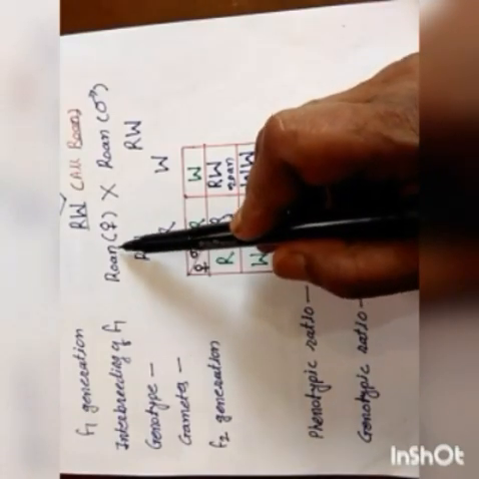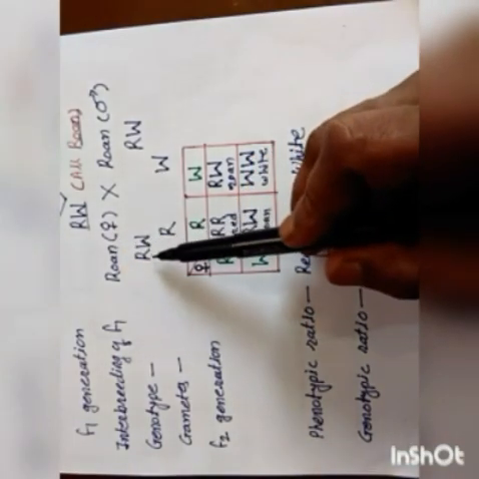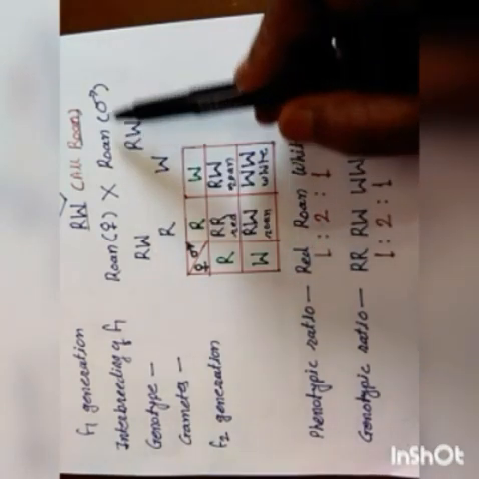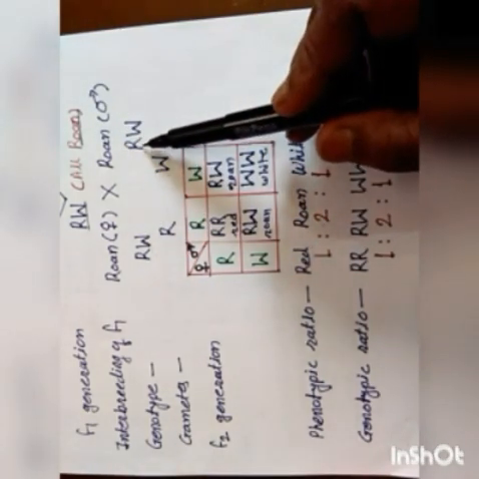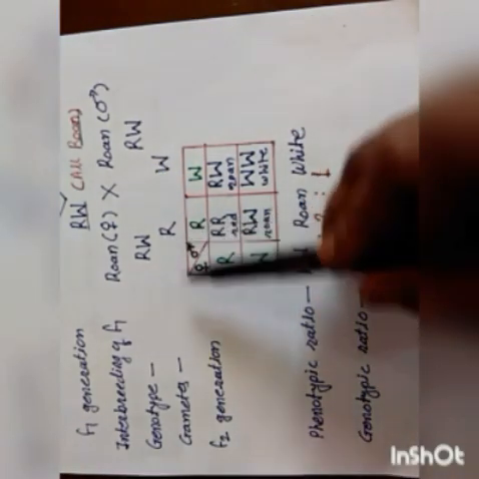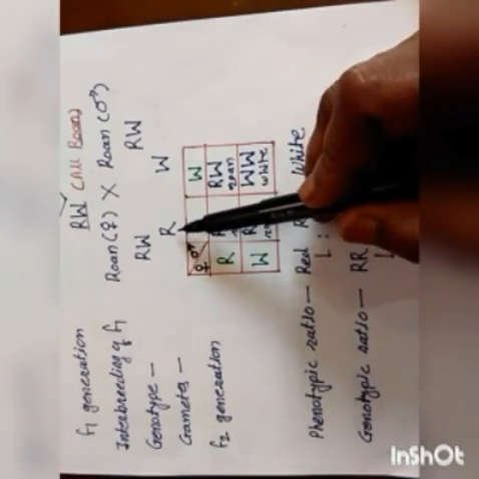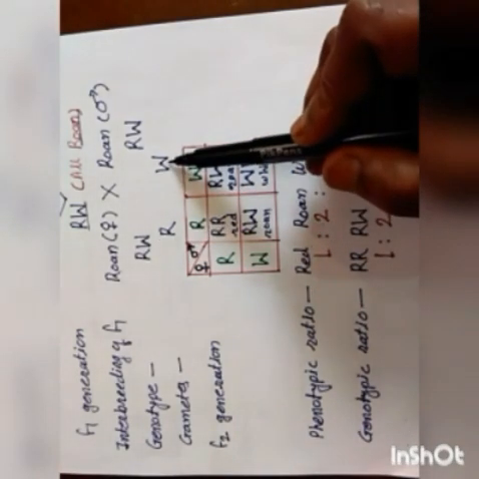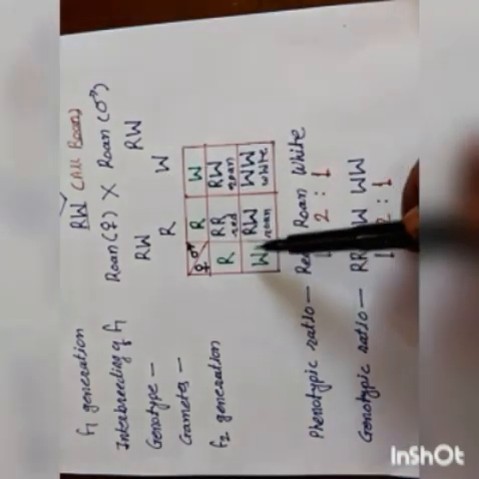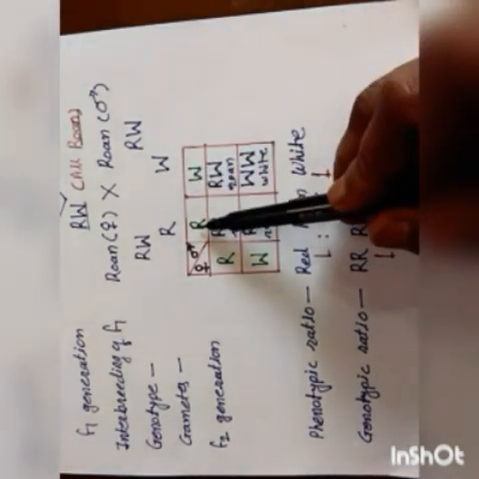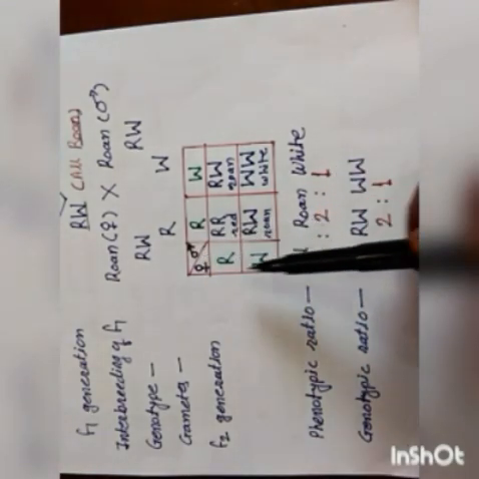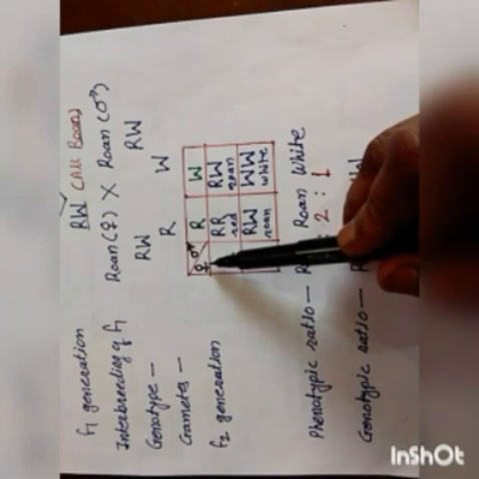This Roan cow has the genotype capital R, capital W, while the Roan bull also has the genotype capital R, capital W. Then the gametes of the Roan are capital R, capital W. Then this is the F2 generation, and these are the gametes of the bull, while these are the gametes of the Roan cow.